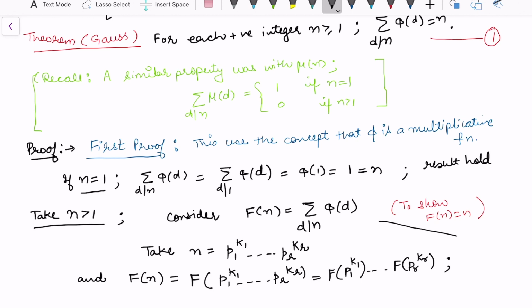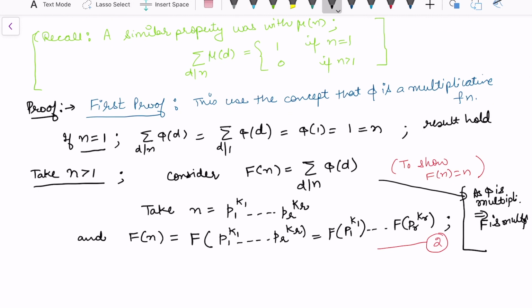As phi is multiplicative, this implies capital F is multiplicative. So I'm using this fact that if phi is multiplicative, F is multiplicative, so this equation number 2 holds very obviously.